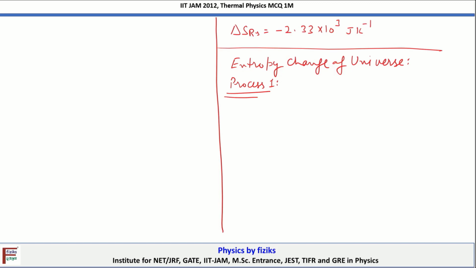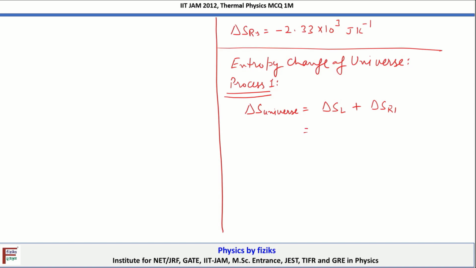where the liquid is heated in one single step. So delta S universe will be delta S, the entropy change of the liquid in process 1, plus the entropy change of the reservoir in process 1.